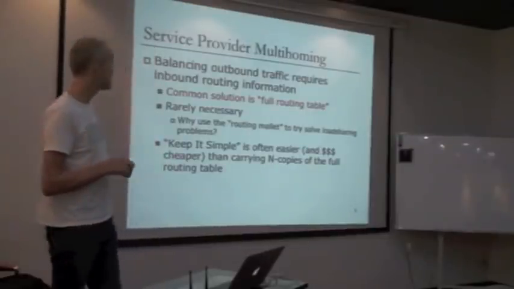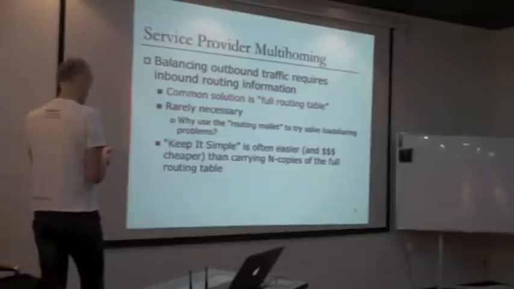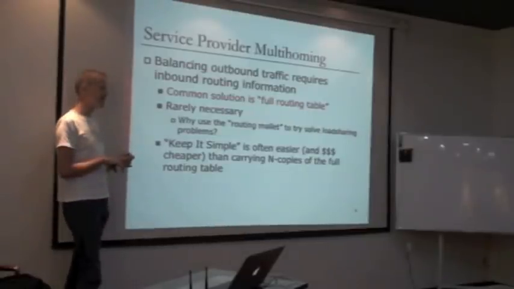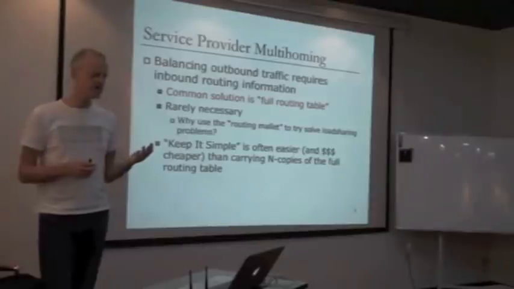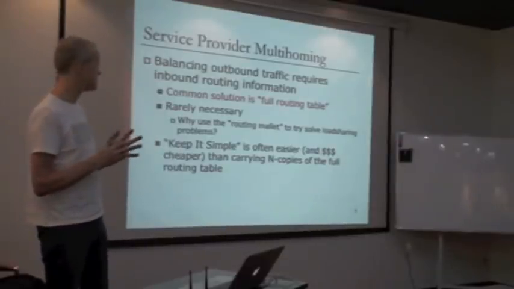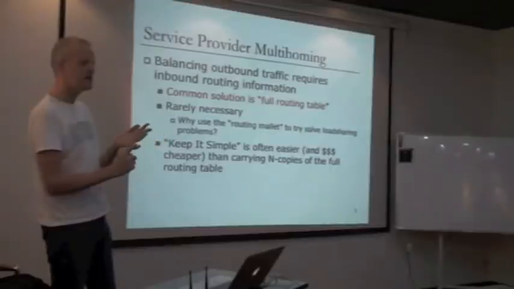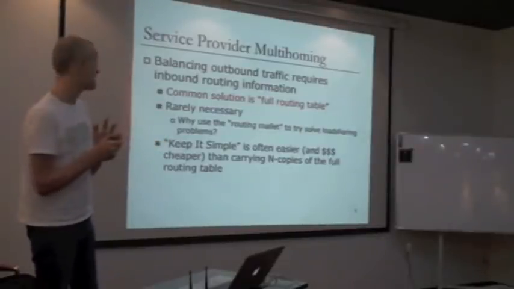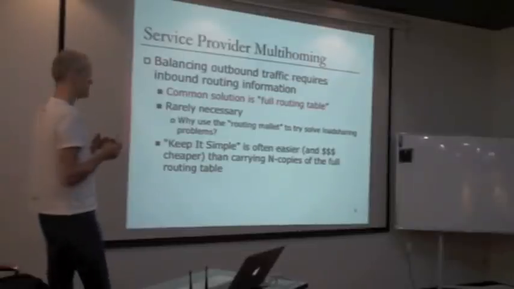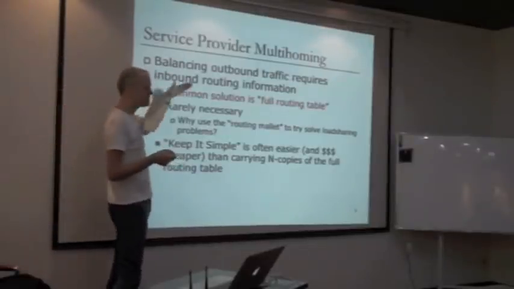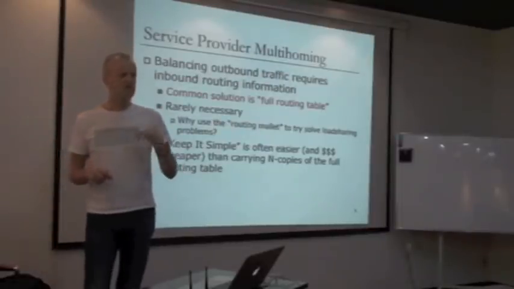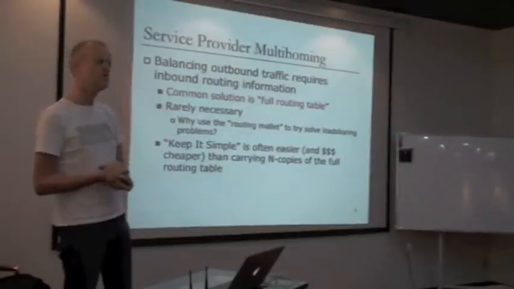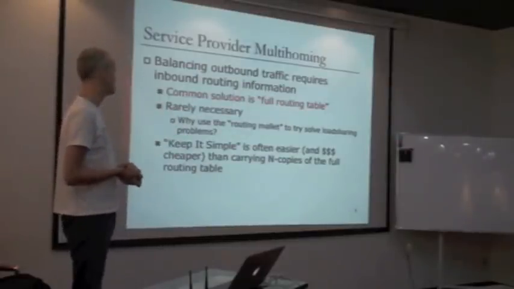That is okay up to a point, but if you're sitting at the edge of the internet, you really don't need the full BGP table. All you really need are default routes and a few other prefixes from your upstream provider to let you do load balancing. The full BGP table is exactly the same as a default route, only the full BGP table has every single destination on the planet, whereas the default route points to an ISP who has access to the full BGP table.